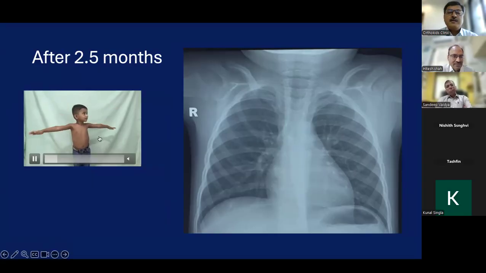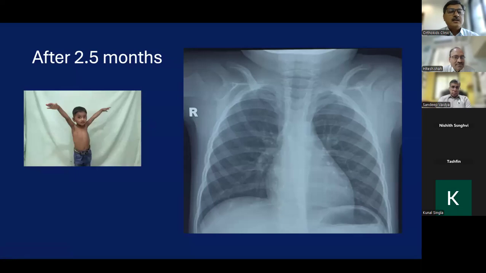Yeah, so the fracture has healed very well and the range of motion has also been restored. Yes, sir. So this is a very rare injury and you can write this up. It can be considered as a case report.